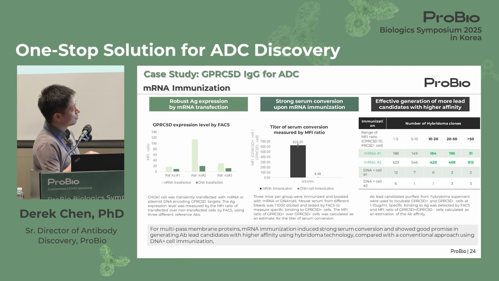The third level, on the right panel, is basically counting the total number of positive antibodies after hybridoma screening within different affinity ranges. The affinity range is calculated with a similar approach as the serum titration data.